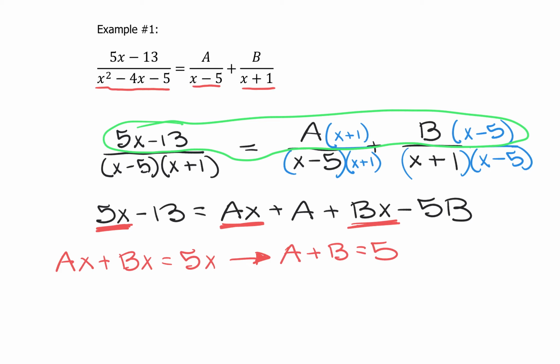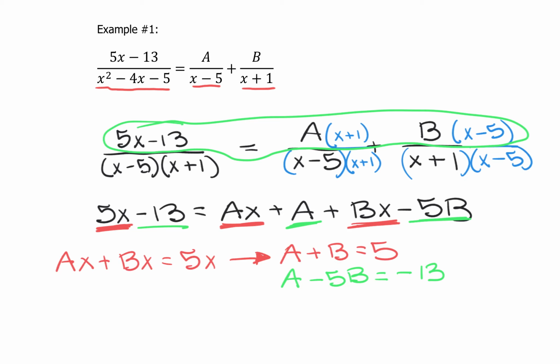Okay, and then similarly, we know that a minus 5b, since I don't actually have an x variable attached here, have to sum to negative 13. So either a plus negative 5b or a minus 5b, my resulting answer here should be negative 13.